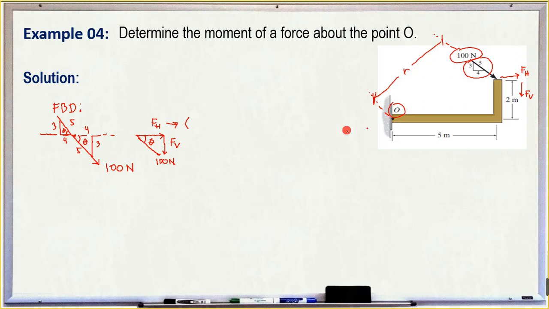Si FH, makita nato, paingon iyang tuyok, so that is clockwise. Si vertical component pod, same thing gyapon, paingon gyapon iyang tuyok, so clockwise gihapon. Clockwise. Okay. Nahibaw-an na ta nga silang duha same ilahang direction sa pagtuyok.